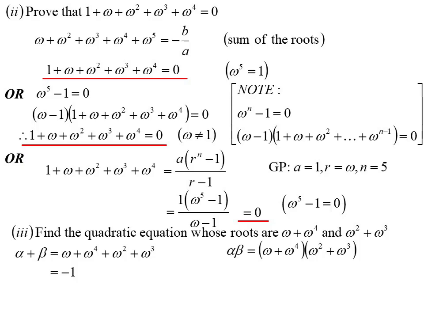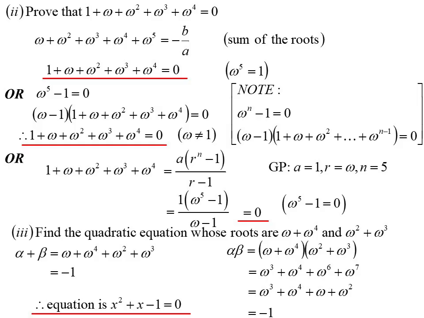If I expand that out, I get this. But I can tidy that up because we know omega to the power of 5 is equal to 1. So I could write that as omega cubed plus omega to the power of 4 plus omega squared, which again is equal to -1. I can now create a quadratic. That would be x squared minus the sum of the roots, so minus -1 is plus x, plus the product of the roots, -1. There's the equation that we're looking for.